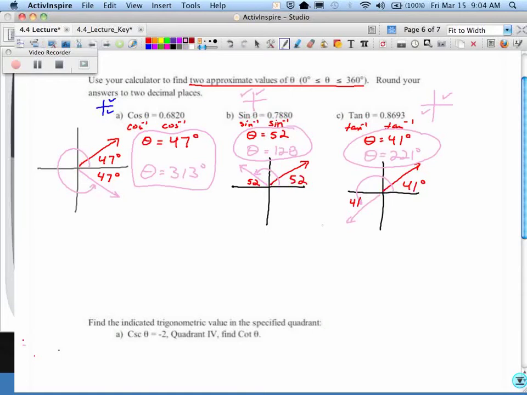It's exactly like these, except you have to understand what a reference angle is. Sometimes when you type this in, the answer gives you a negative. Well, I can't have a negative. I have to be between 0 and 360, so you have to switch. I would definitely practice some of these problems.